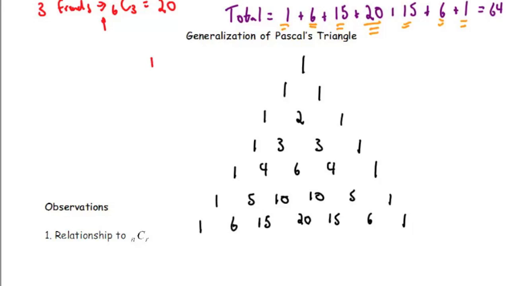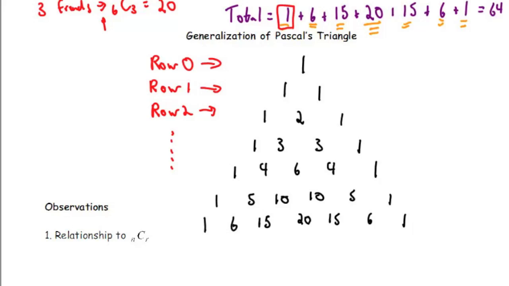When we're dealing with rows, the very top row is actually row 0. So row 0 is just that 1 at the top. Then we go row 1, row 2, and we label this one down here row 6.